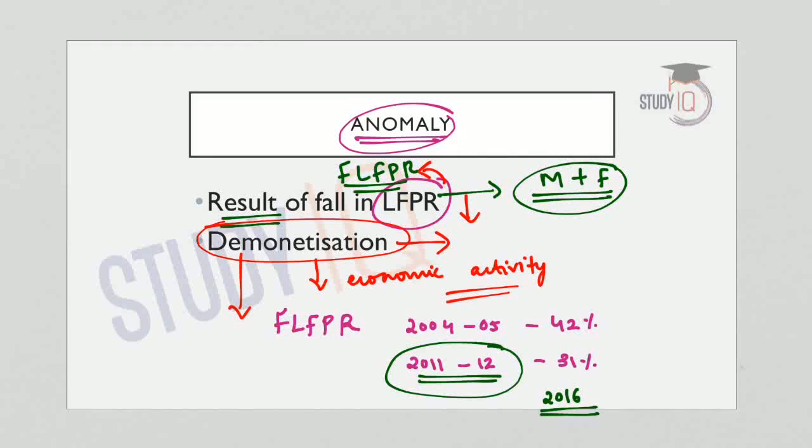So we will see that even much before demonetization, in 2011-12 itself, the labour force participation rate, especially the female labour force participation rate, fell from 42% to 31%. So this is the abnormality, and notably the female labour force participation rate in India is the lowest among the emerging economies. So this is a serious cause of concern for us.